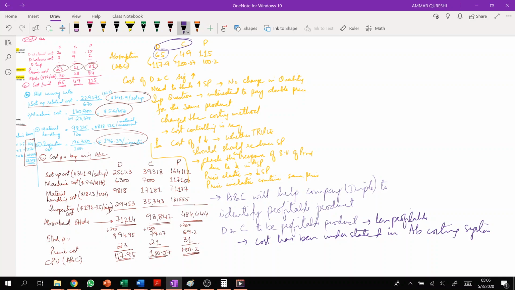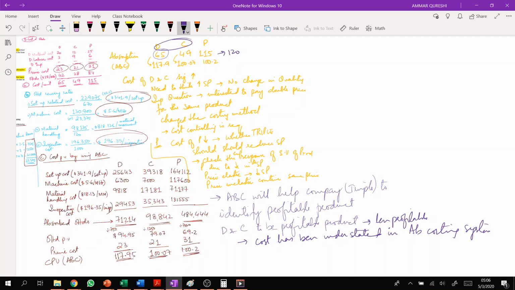Let's take an example. Suppose we have calculated a selling price of 120. We were thinking that the profit margin is just $5, but actually the profit margin is $20. So the actual scenario is different from what we were seeing in absorption costing.